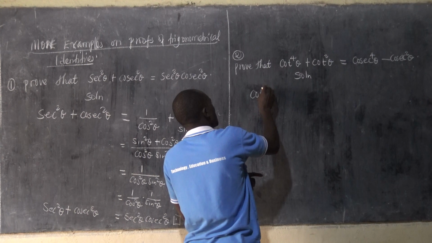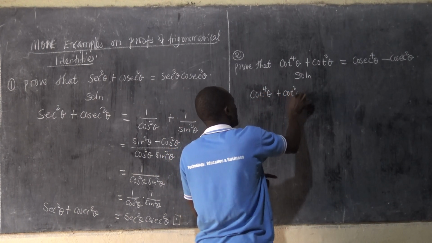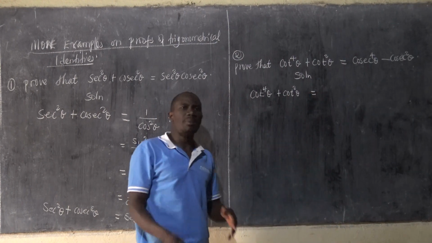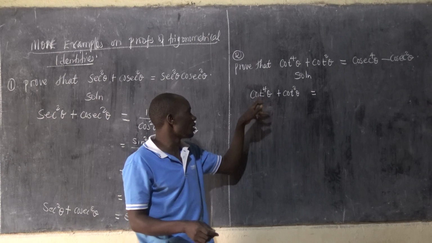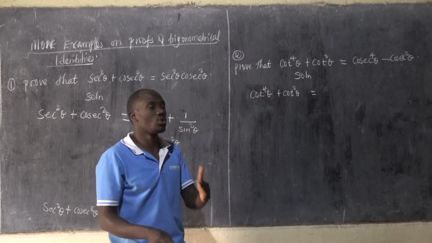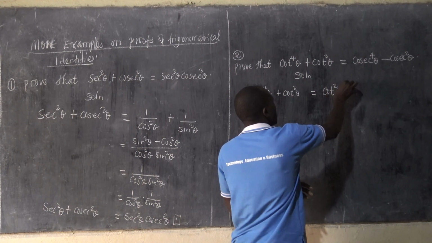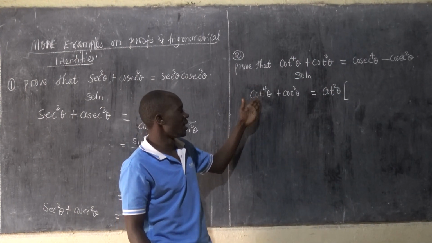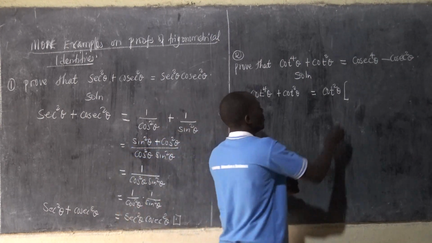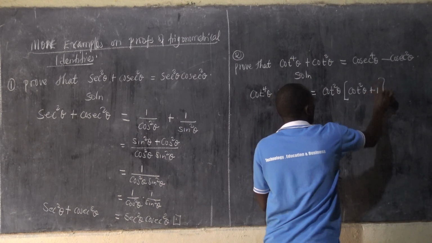Cot power 4 theta plus cot squared theta is the same as, by mere seeing, what is common here? What is common is a cot squared. You can see it is here and there. So we are going to pull out a cot squared theta, and I'm going to remain with cot squared theta plus 1.